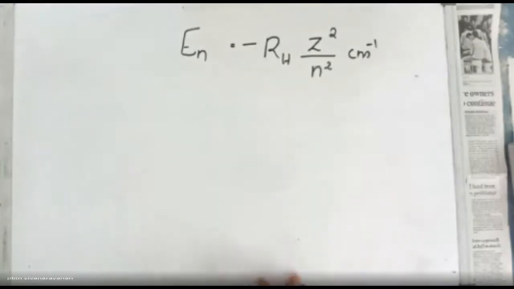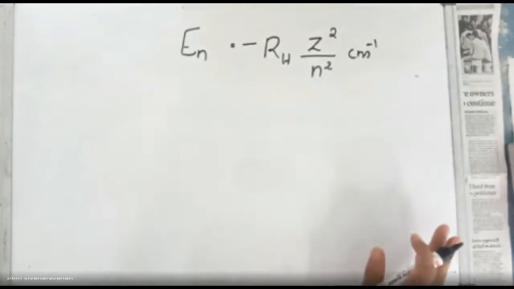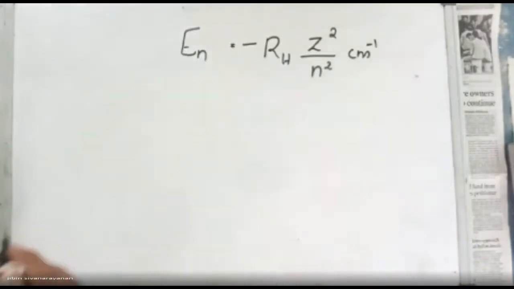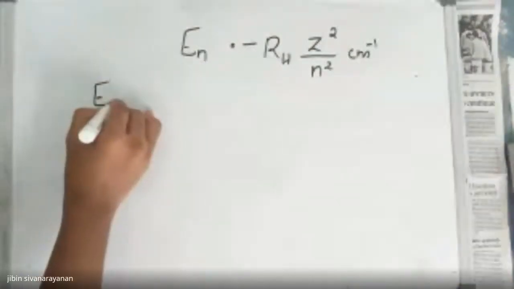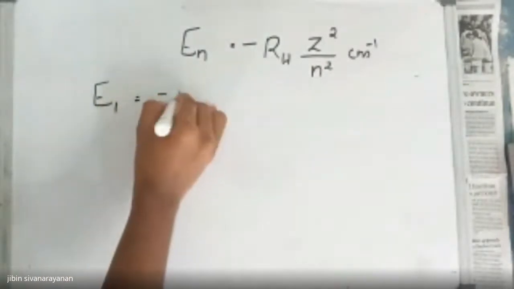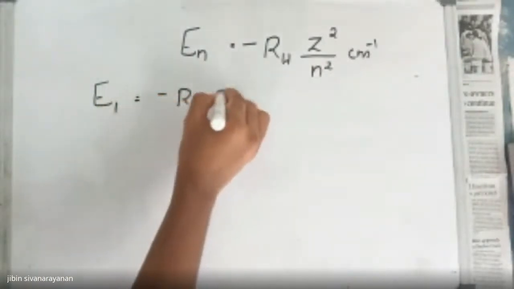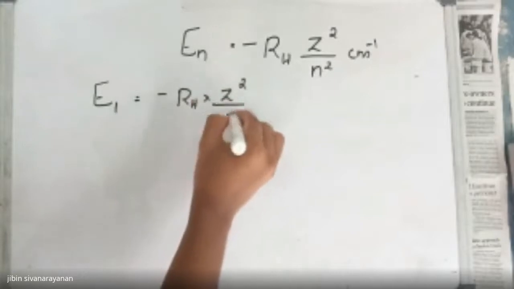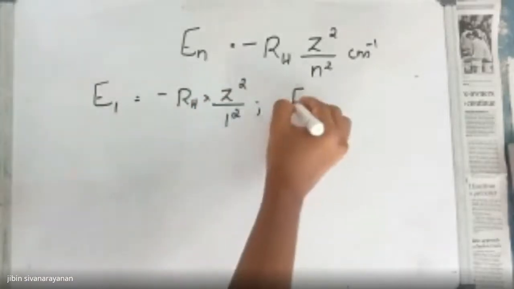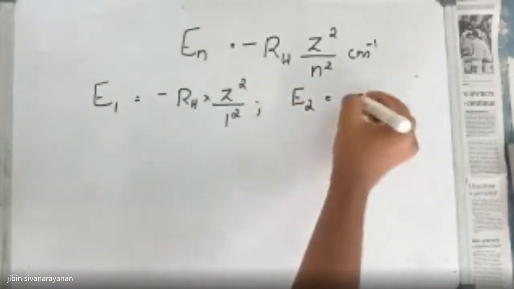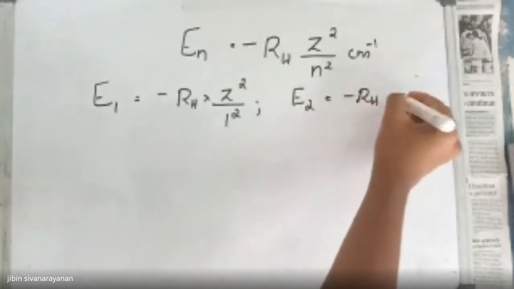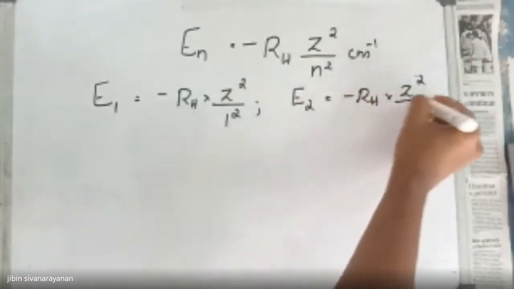So I'm considering any two energy levels, let them be E1 and E2. The energy of the first level, E1, is equal to minus RH into Z square by 1 square, and the energy of the second orbital is minus RH into Z square by 2 square.